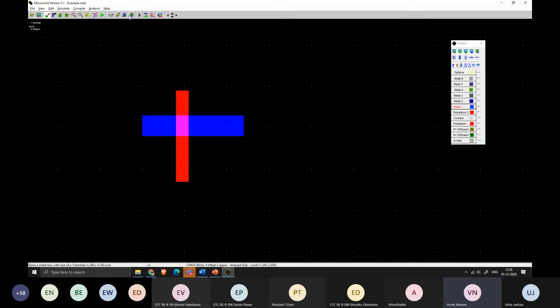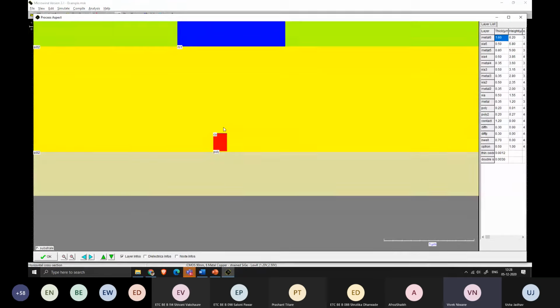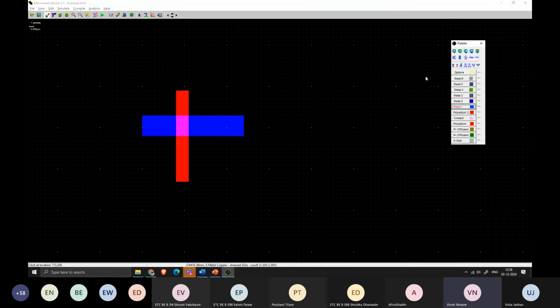Okay. If I put a cut here, concentrate on the red, this is polysilicon. Concentrate on the blue, this is metal. There is no connection in between over here. Okay, there is no connection. Those are different layers inside your processor, inside your design. But as soon as I have a contact over here, the contact metal to poly in the palette, I take it and I keep it over here.